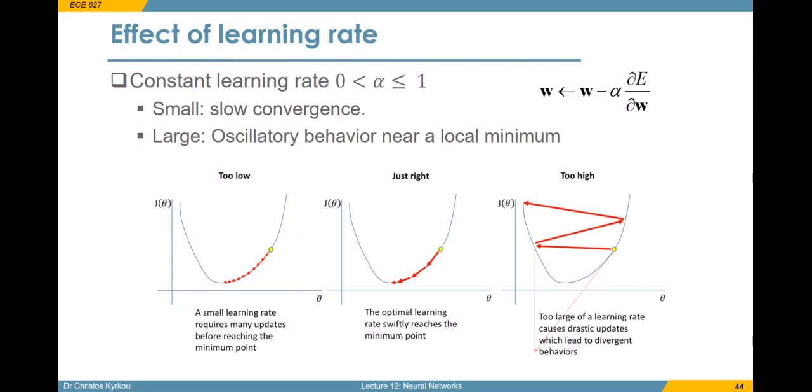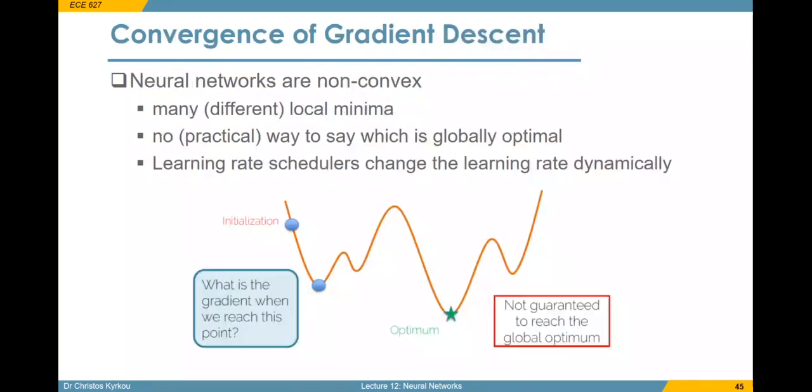But overall, finding the right learning rate is challenging, especially if we consider that in neural networks, the loss functions that are mapped are non-convex. That means they have a lot of local minima. So we can end up in any of the bumps here without being able to escape.